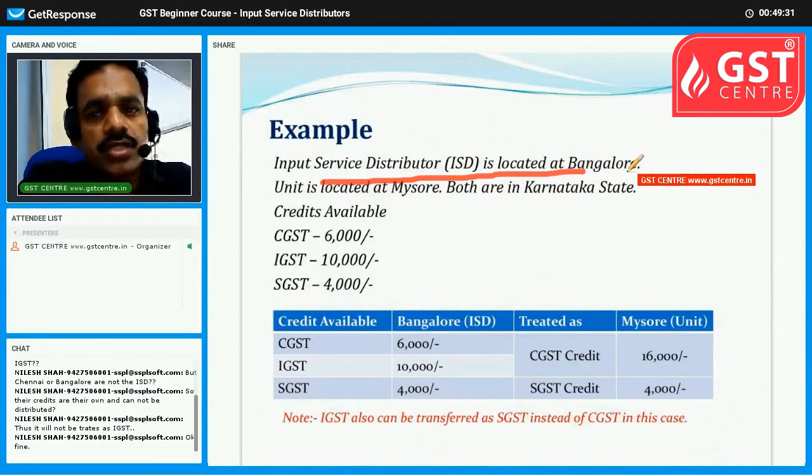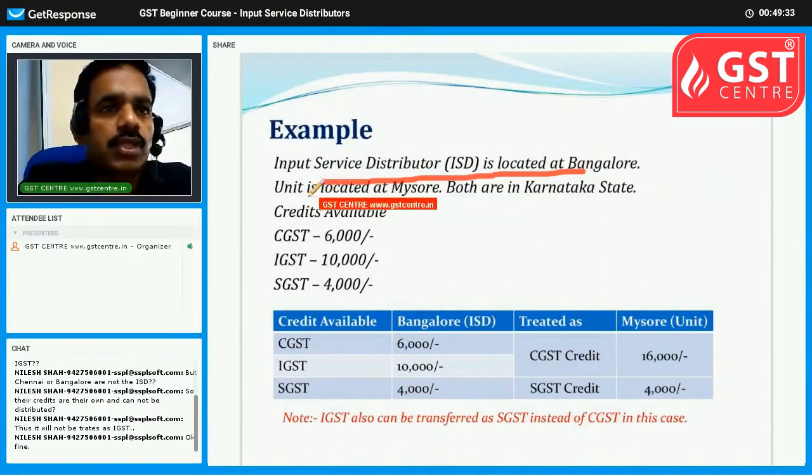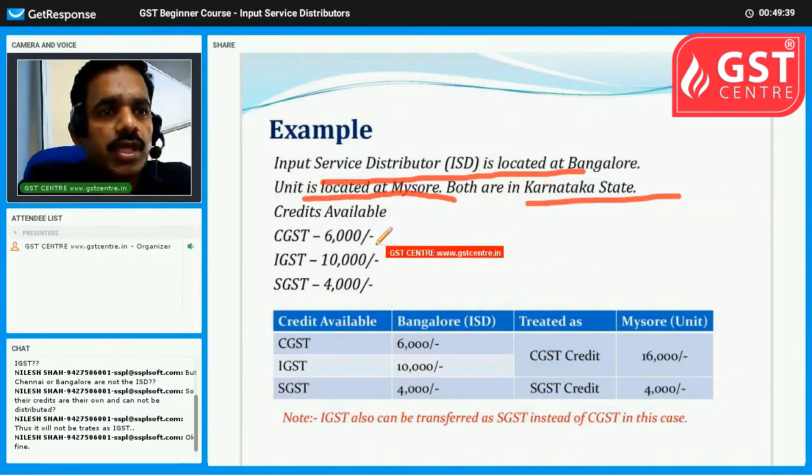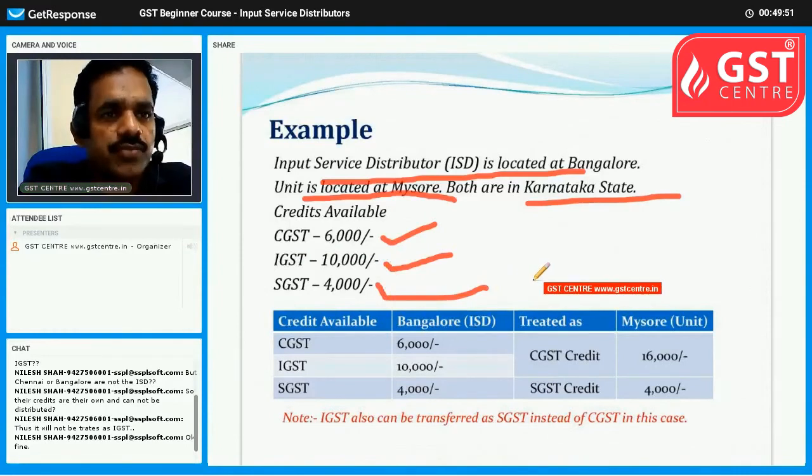The input service distributor is located at Bangalore and the unit is located at Mysore. Both are in Karnataka state. Credit available: CGST 6000, IGST 10,000 and SGST 4000.